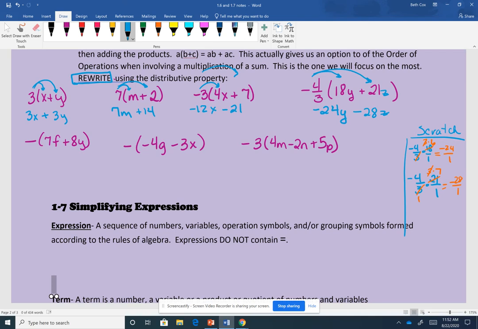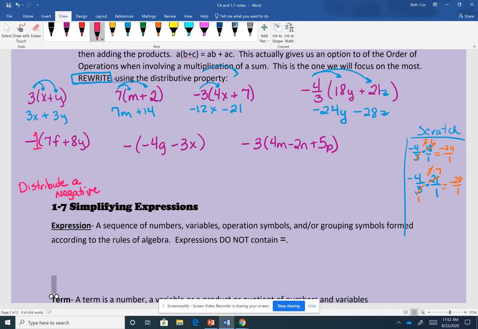Okay. So now this next problem down here, this is a negative, or subtract. We can call it a negative. And it doesn't look like the distributive property. Well, people call this distributing a negative. Basically it's a -1.